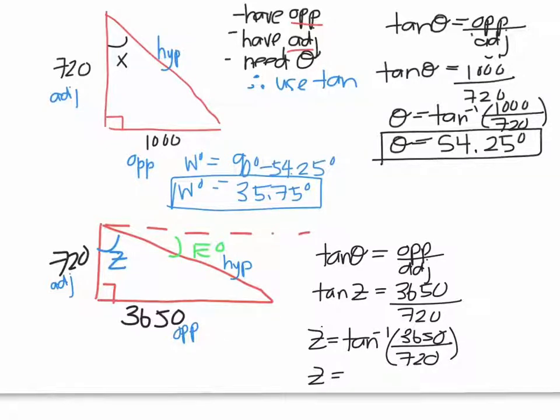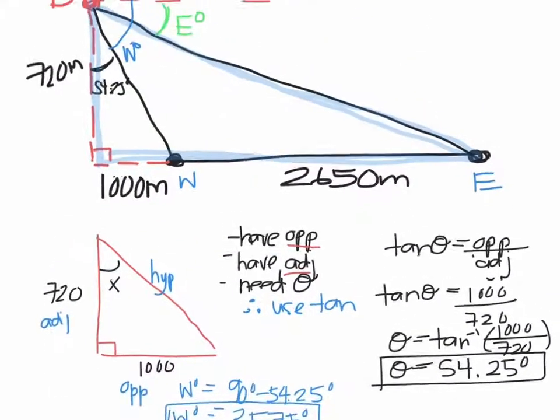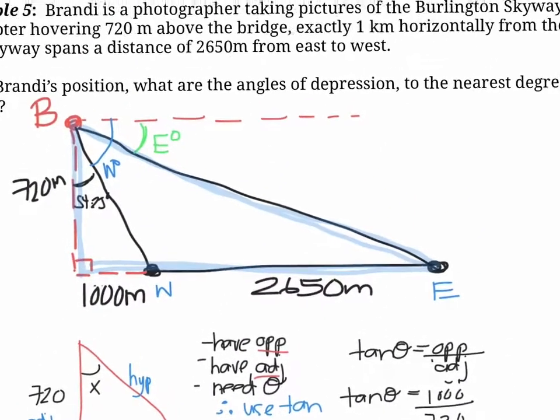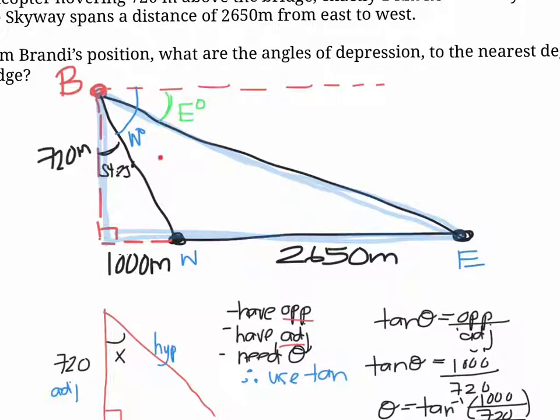And let's go ahead and find it. It's going to be 78.84 degrees approximately. So how does that help us find E? What we just found up here was this angle right here, from here to here. We just found this one was 78.84 degrees approximately.